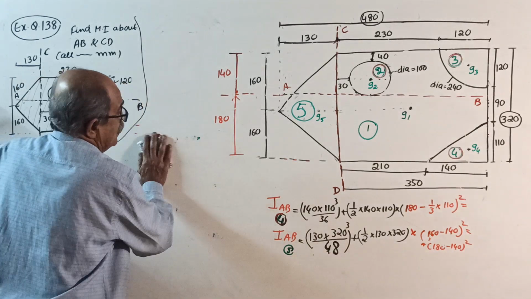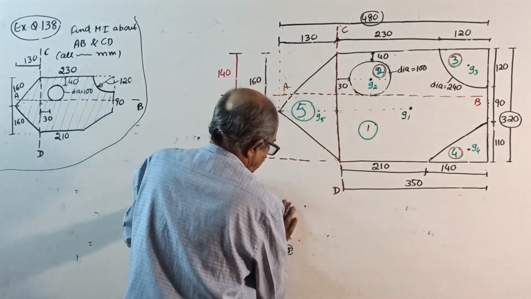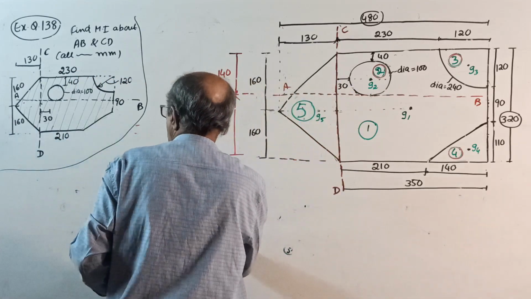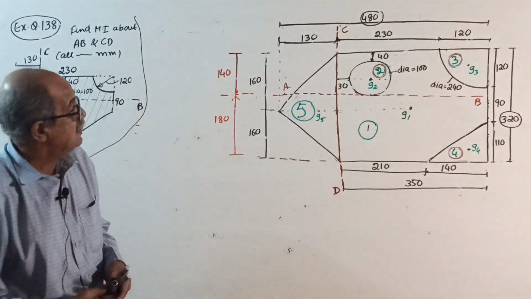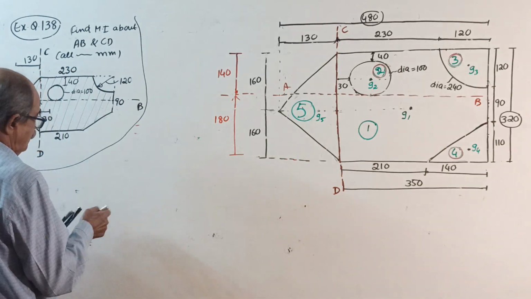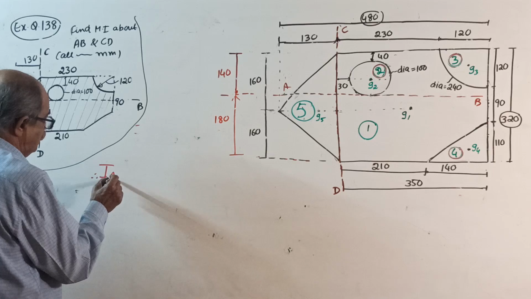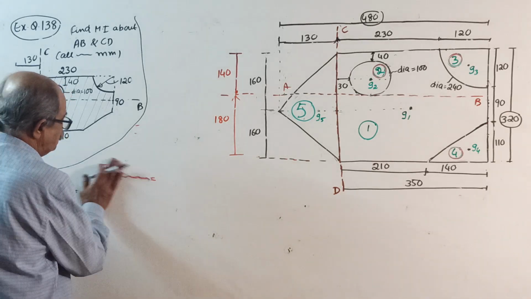After everything is over, I will give you the last step now. There is a reason for giving it. Therefore, after everything is over, I about AB for the entire given area, or you can write this way.